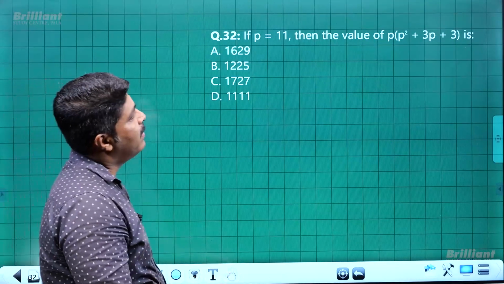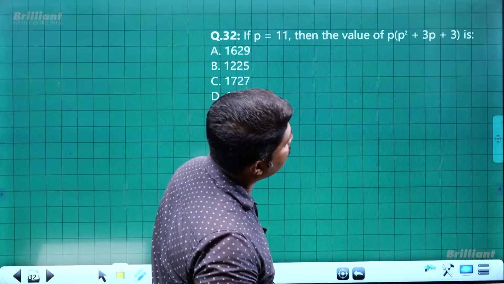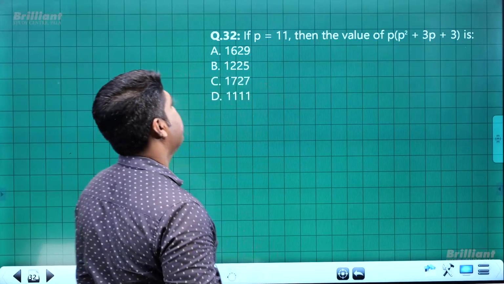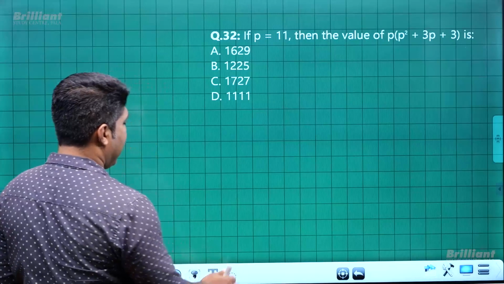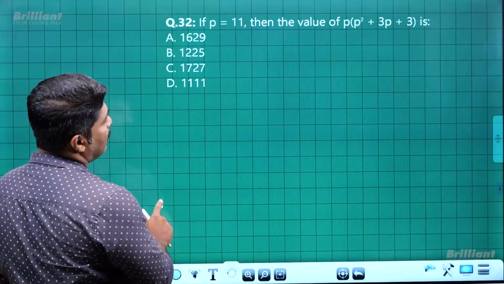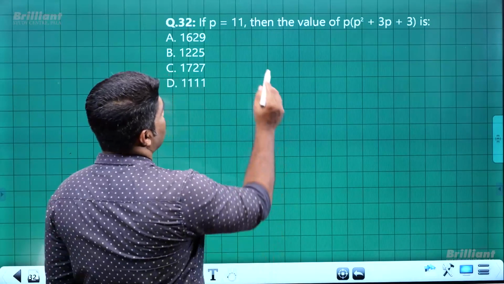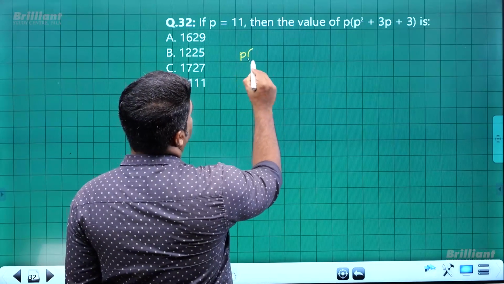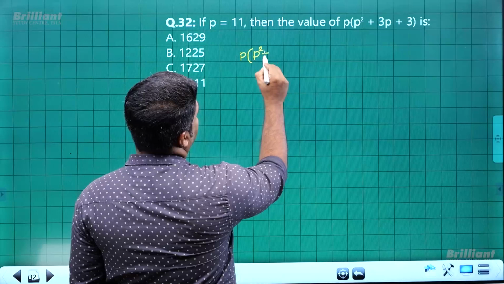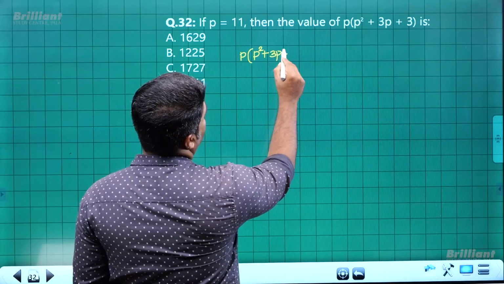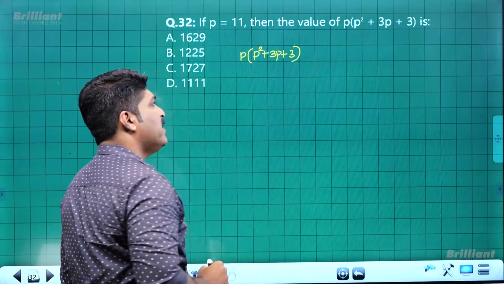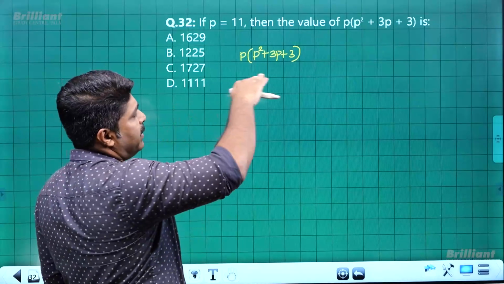If P is 11, then find the value of P into (P square plus 3P plus 3). It's such a tricky identity based question. So let's check how to apply it. P is 11. So P into (P square plus 3P plus 3). We multiply through the entire terms.